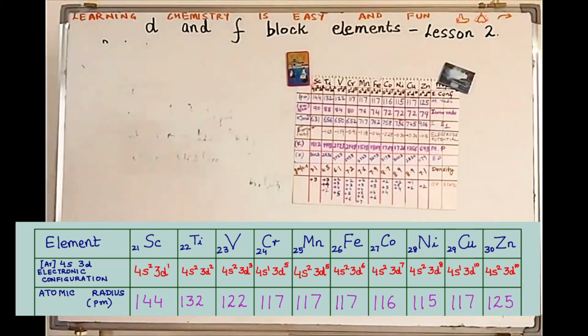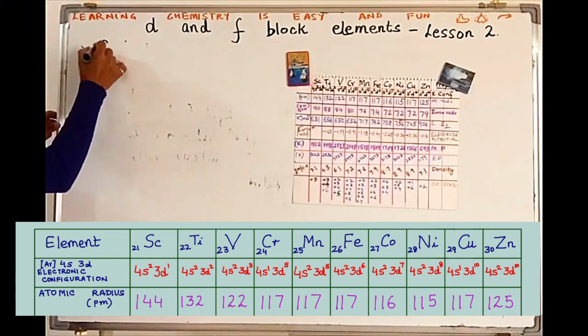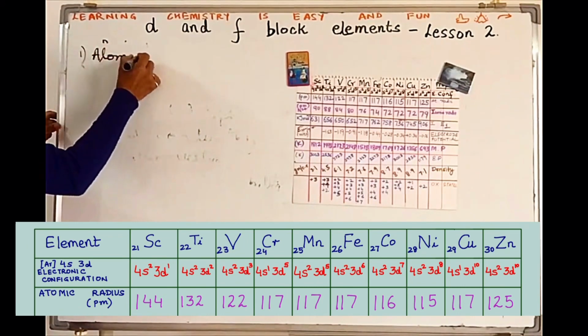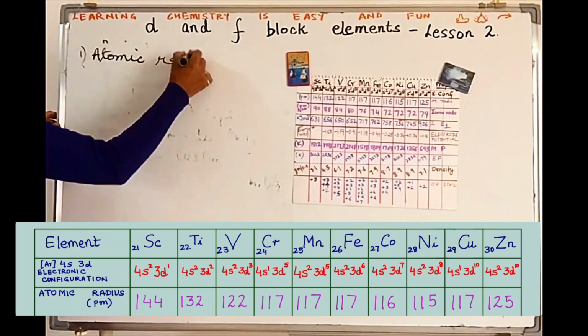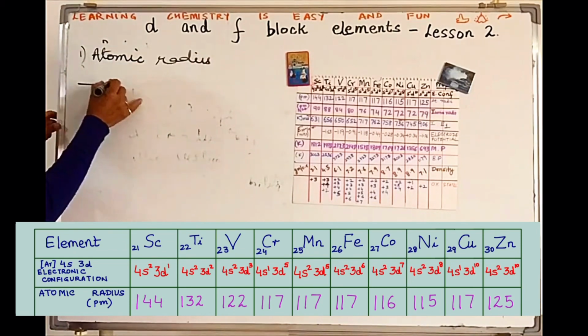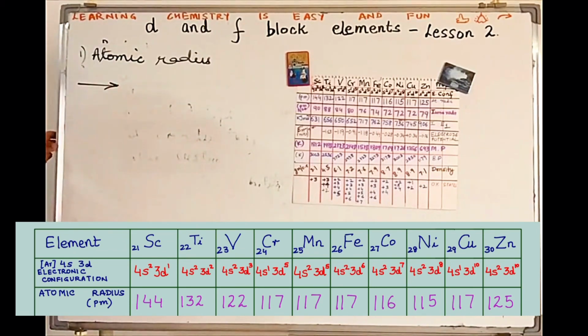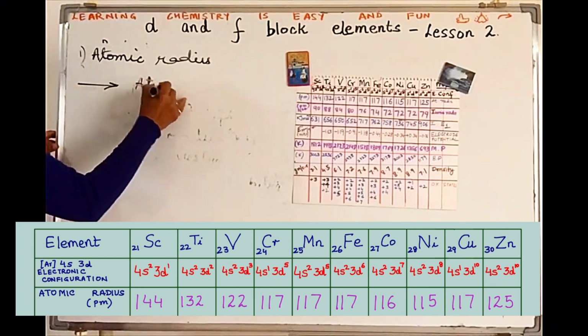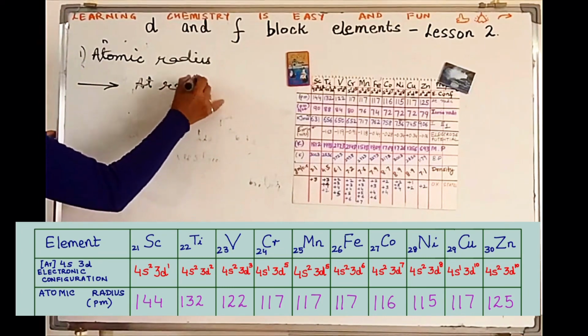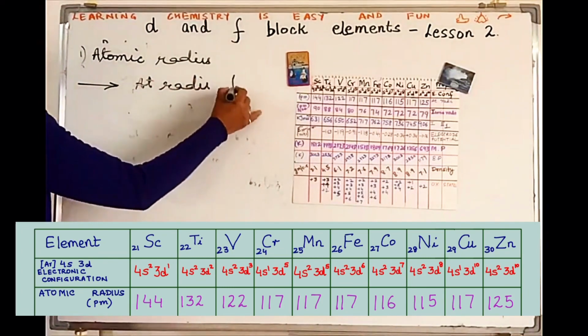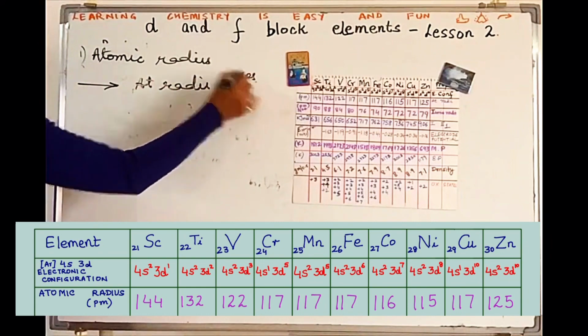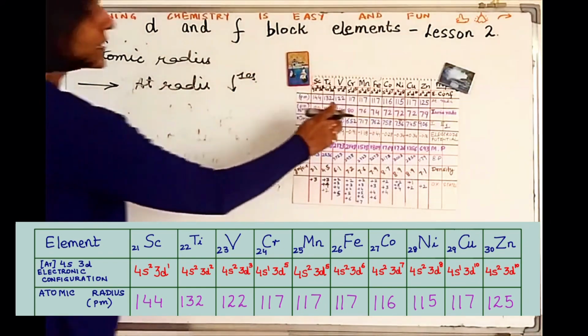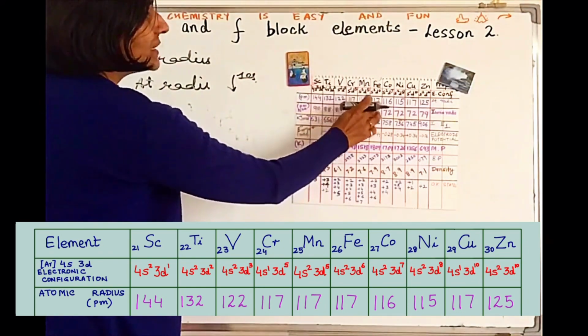So our first property that we are doing is atomic radius. On moving along in any series, and specifically we are studying the 3D series, the atomic radii decreases, right? But if you go on, you see there is stability.